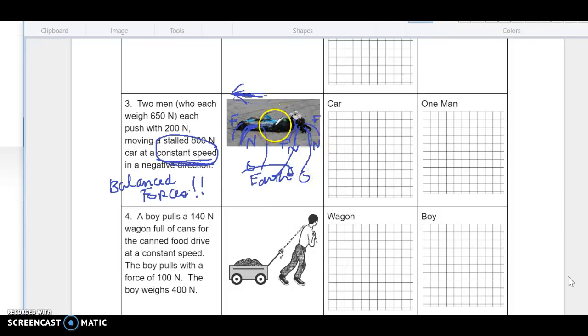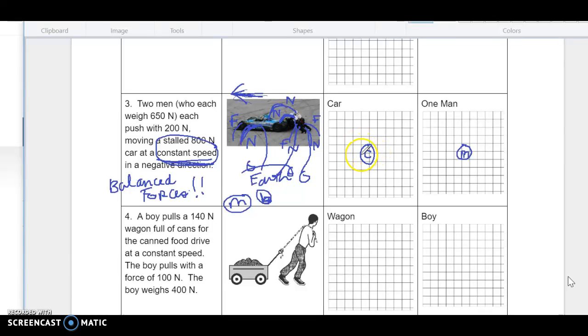And then they also have an interaction with guy 1 pushing the car and guy 2 pushing the car. So let's look at the car first, and then one man. Let's call one man M, and the other man B for boy, just so we can tell them apart.